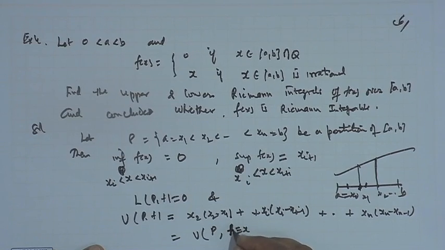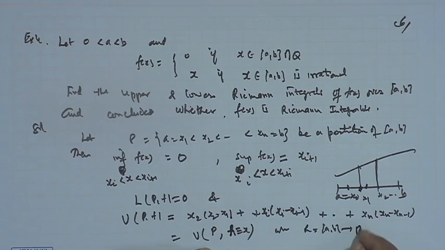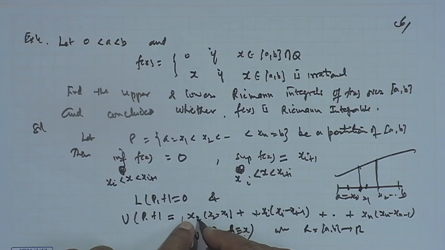So, you can say h is the identity function x, where h maps [a, b] to R. In fact, it looks like that this is the functional value, f(x) equal to h. When h is x, the functional value over the interval x_{i-1} to x_i, the maximum value is x_i, and like this. So, it is a function x.